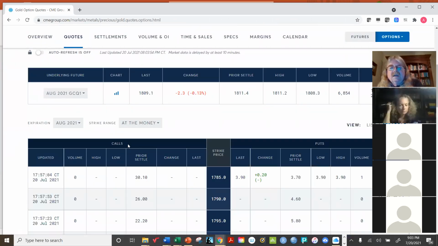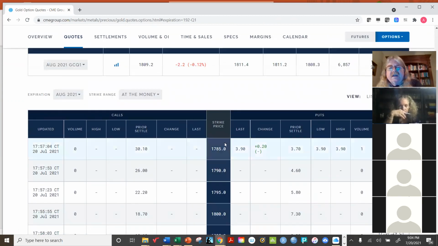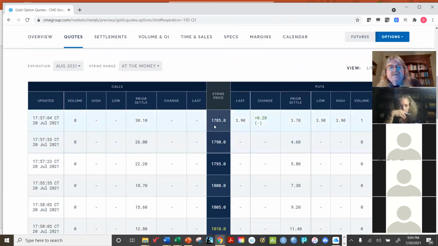Ooh, I was mistaken. So for August 21, by the way, when you see this on an exchange, it typically means the third Wednesday in that month. It doesn't have to, but that's pretty standard. The range of strikes is right here. This is gold now.